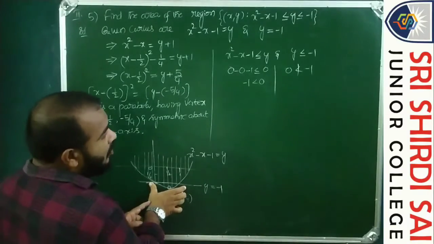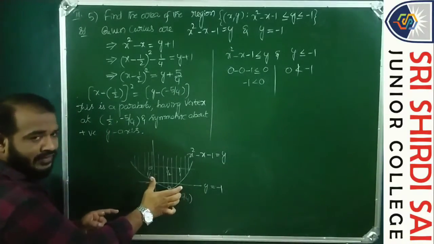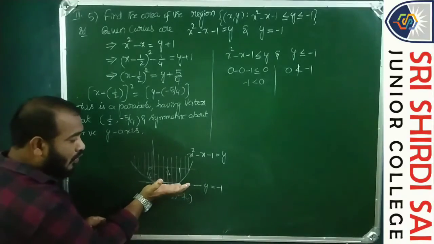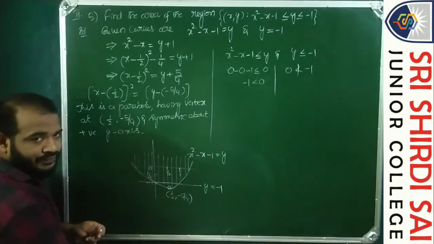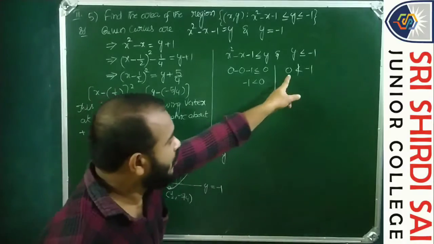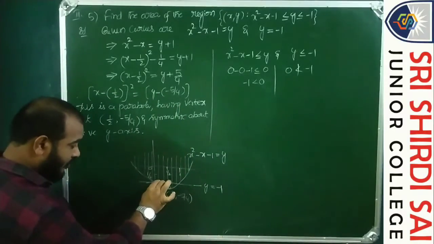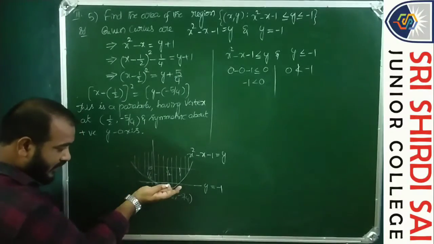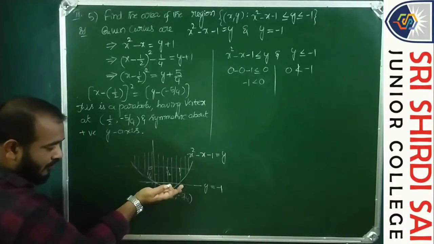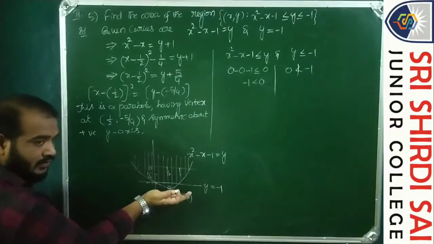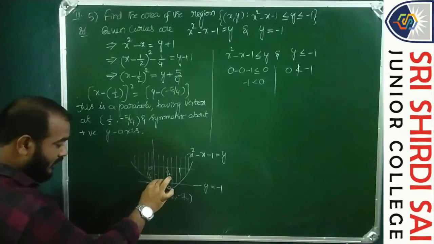Y less than or equals to minus 1 is an inequality. That is the half plane towards upside or downwards, that we know. But here 0 less than or equals to minus 1 fails. So therefore, it will be downwards here. It did not fulfill the above side. Therefore, it will be this side.